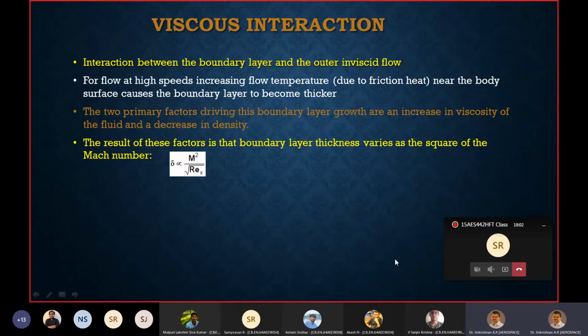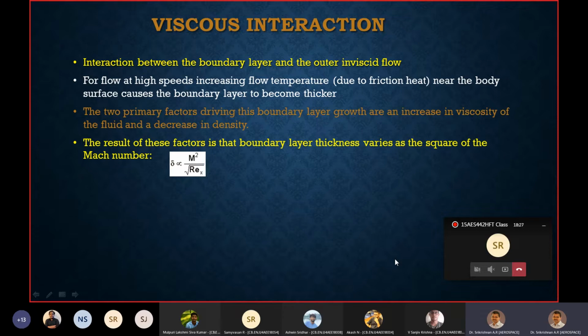Whereas Mach number, because of these two effects, that is heating as well as the increase in velocity and the further coupling with this, the relation is proportional to square. That is, boundary layer thickness is proportional to M squared, and it is inversely proportional to square root of Re.